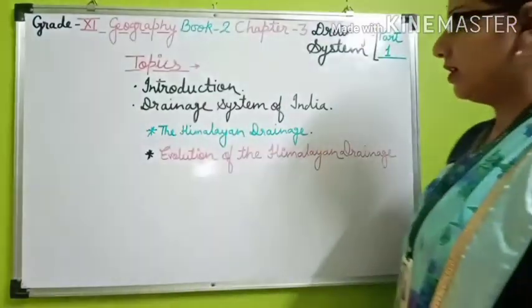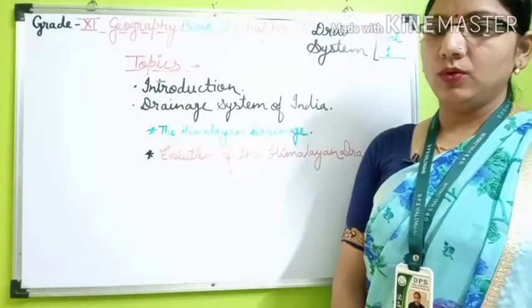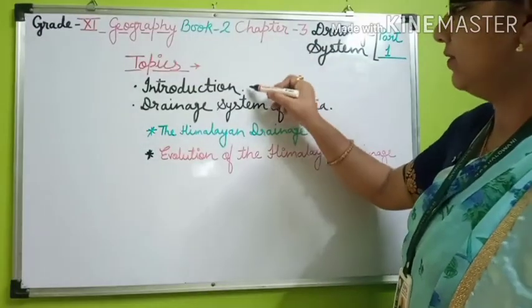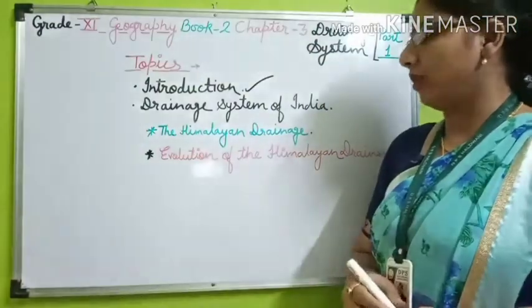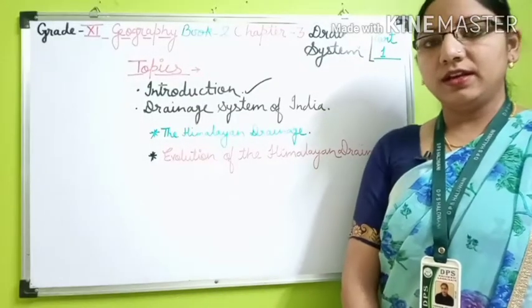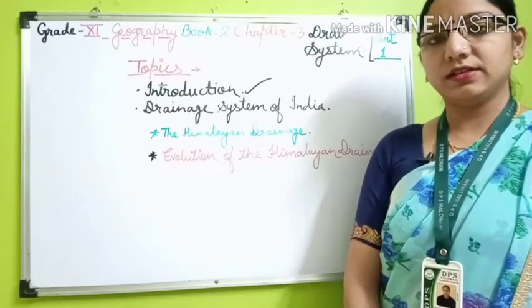As you can see, I have mentioned here a few topics through which we will know what is drainage. At first we will see the introduction of the chapter, in which we will see what is drainage and what are the important features of the drainage system.